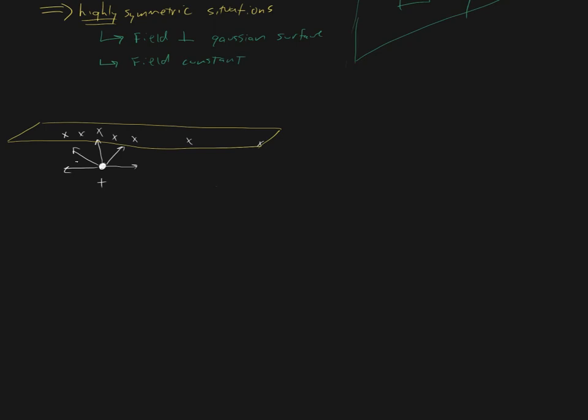So we have a high concentration of field lines here, and we have a low concentration of field lines the further we get from the source. And so that's going to violate the first thing that we're trying to accomplish, and that is that we want the field to be constant. It has to be a uniform field if this is going to be easy for us.